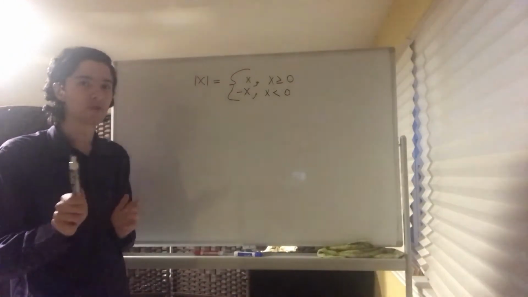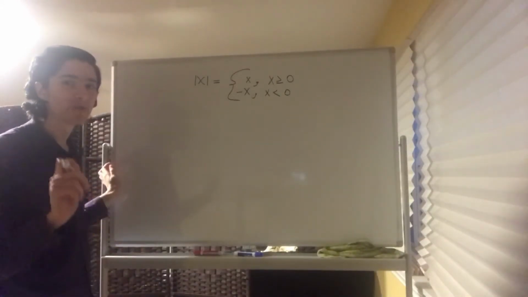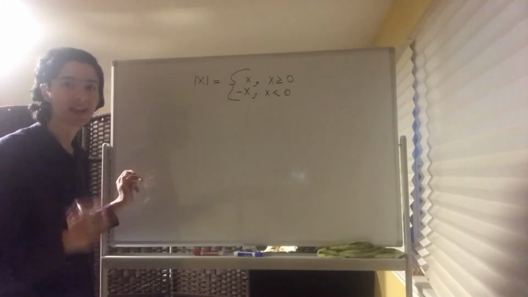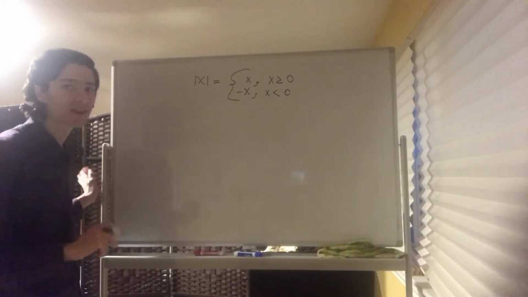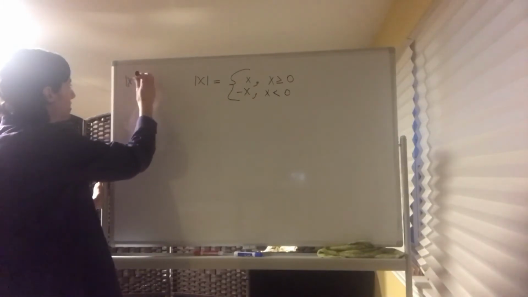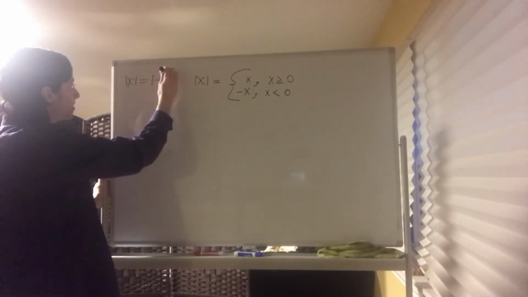Now I want to prove the following. This is the idea that the absolute value of x is equal to the absolute value of negative x. So we can write that as the following. Absolute value of x is equal to the absolute value of negative x.